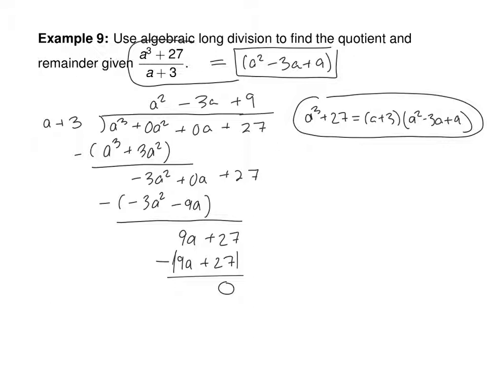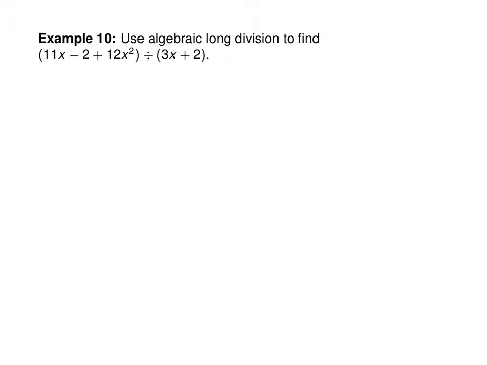Okay. So this example is one, if you know synthetic division, where it will not work unless you're really clever about it. If you don't know what synthetic division is, don't worry about it. It's not important. So we're going to divide 3x plus 2 into 12x squared plus 11x minus 2.